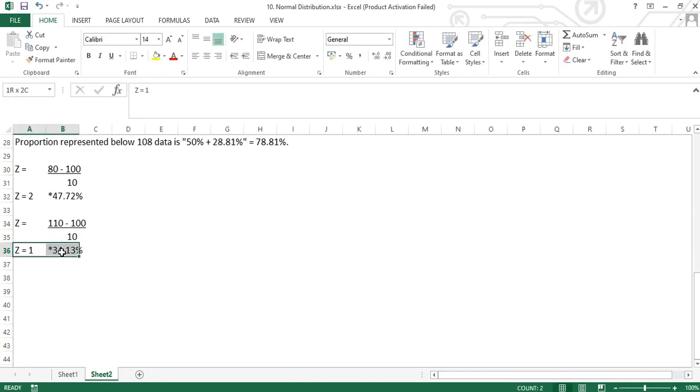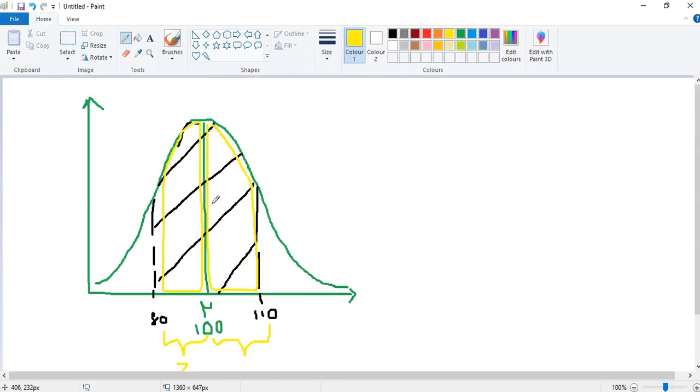Okay. Now we have a Z value of 2. And so for 80 the value of Z is 2. So it's 47.72% this side, because 80 is here, and it's up to here from the mean. The area from 80 to the mean is only this much.